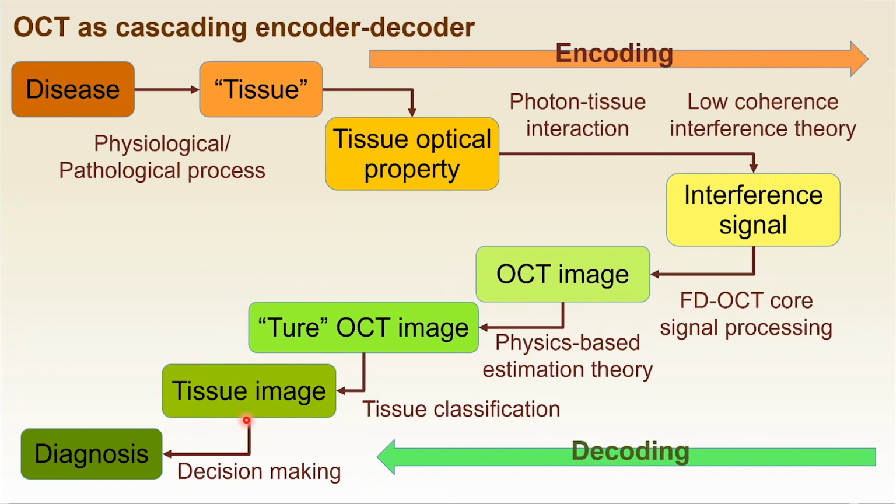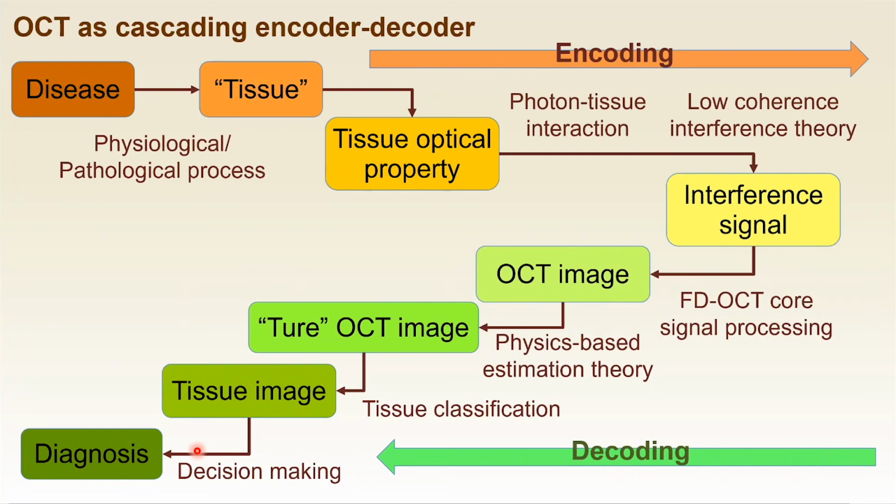This tissue contrast image can be fed to, for example, AI for the diagnosis, and we have a diagnosis score. Now anything is in a clinic. But then what does this entire OCT device measure?